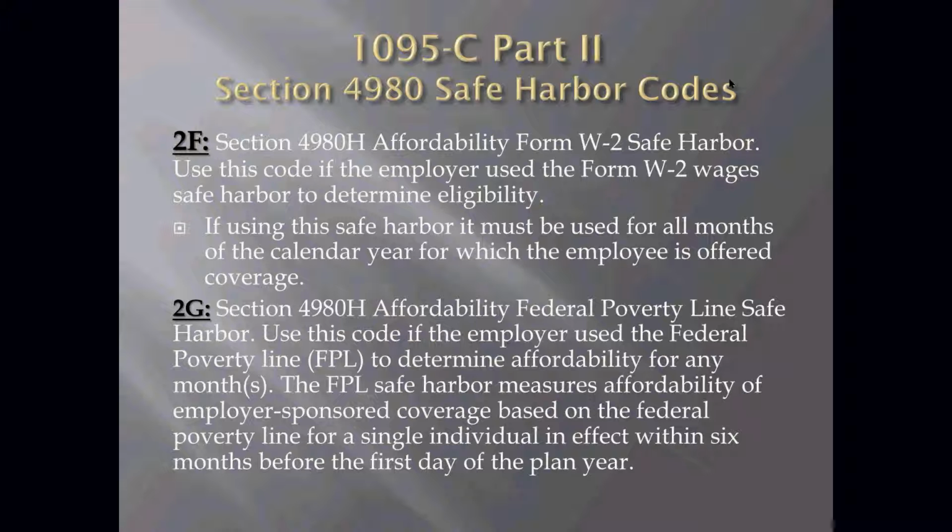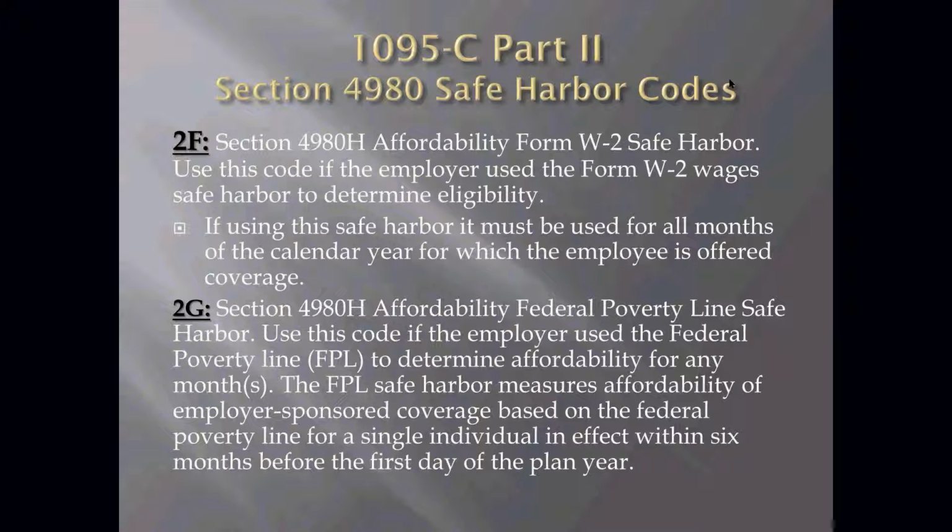The next code, 2G, you'll use this code if the employer used the federal poverty line to determine affordability for any months. So if your cost for your employee-only plan is less than that $93.17 or $93 and change that we had earlier, 2G is what you're going to put in there.